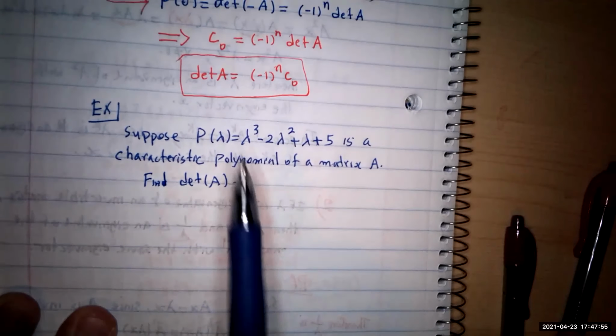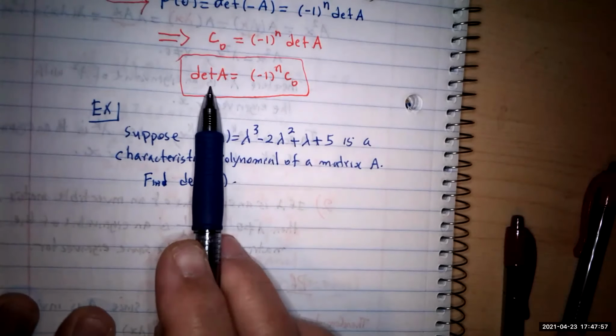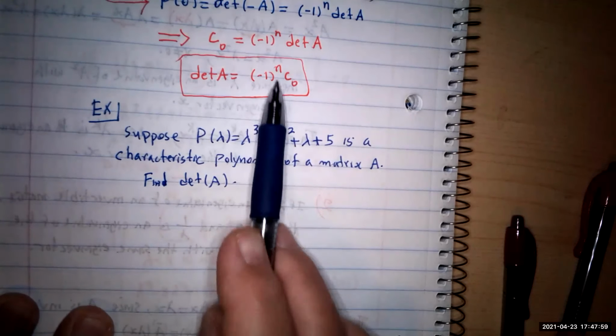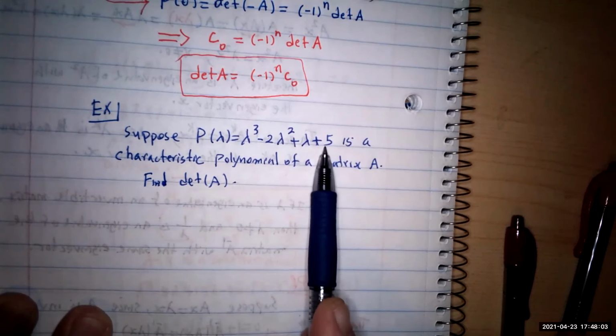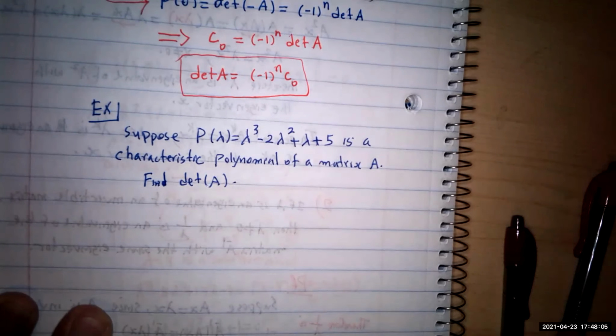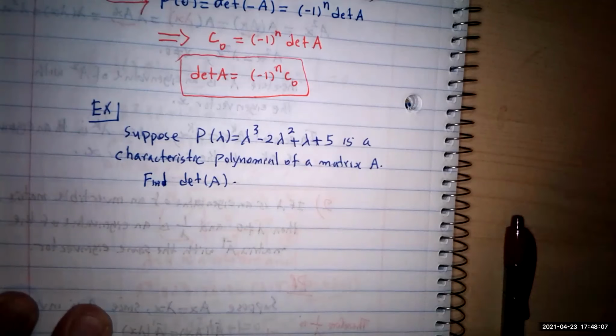Why? Because this is it. The determinant of A is (-1)^n times the constant term. The constant term over here is 5, and then you just substitute, get your result.